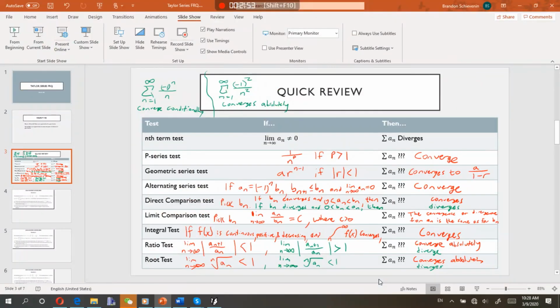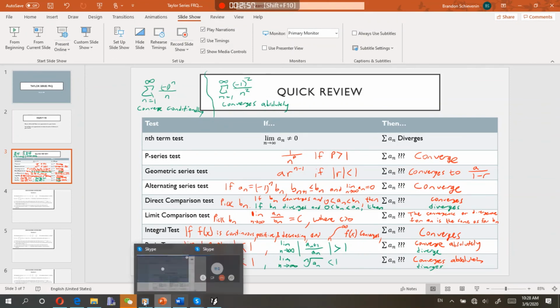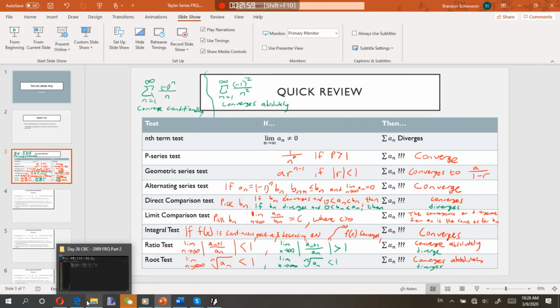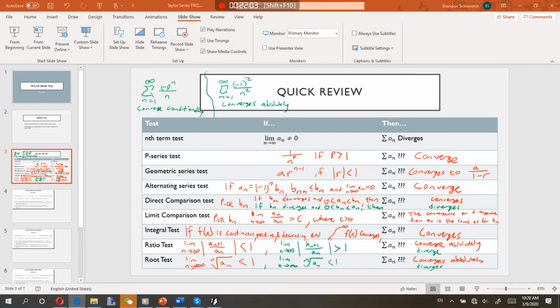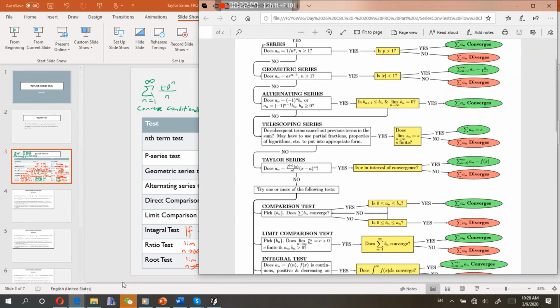I'll also send you the flow chart from Stewart's book, just so you've got that in one place. So that was this one.